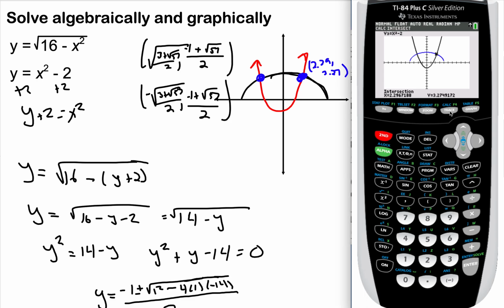Let's see what happens. Curve 1, curve 2, guesstimate. Remember, we have to get it close to the other one or it's not going to work. Okay, good. Negative 2.29, positive 3.27. Good. So opposite of x, same y. That's because we have the symmetry that makes that happen.